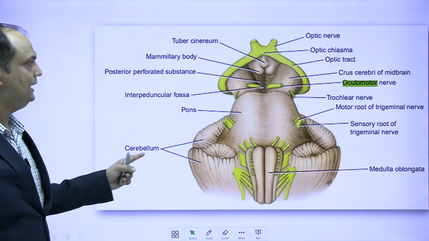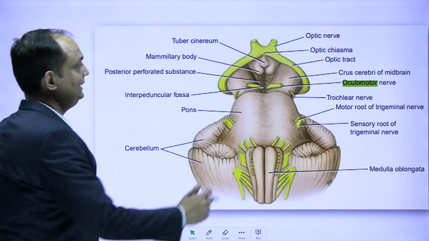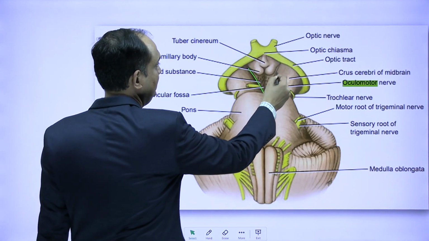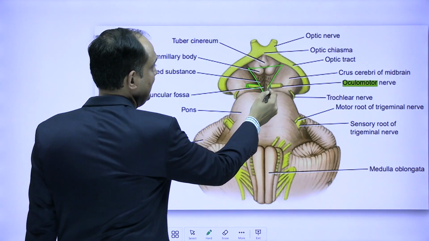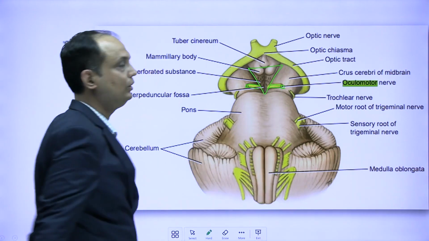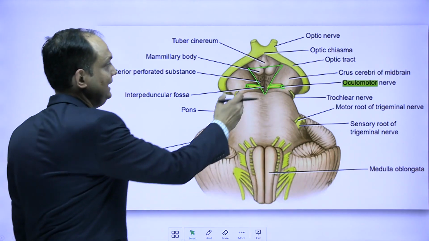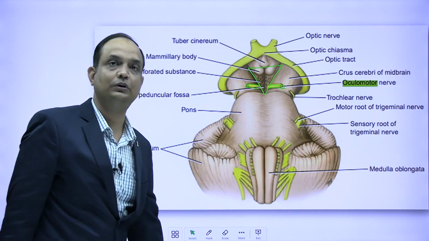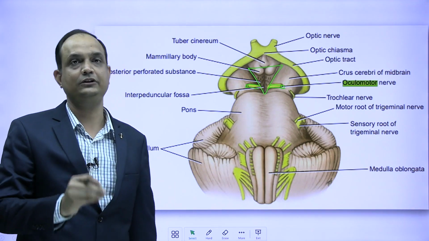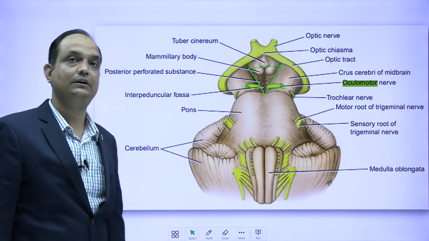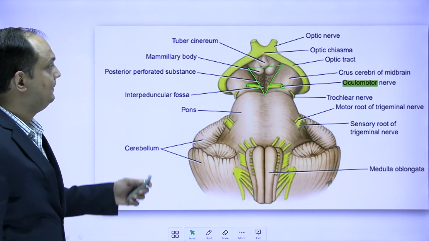Now here you have to understand that this is the area of the interpeduncular fossa, and in it you have the exit of your oculomotor nerves, and the immediate relation of the oculomotor nerve is the branches of the basilar artery, that is the posterior cerebral and superior cerebellar arteries.